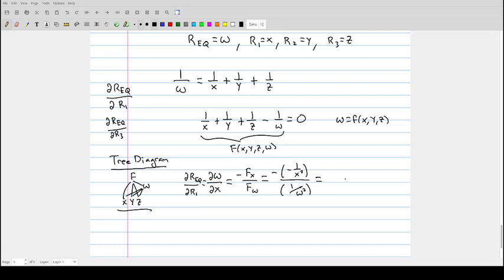This is equal to then just w squared over x squared.